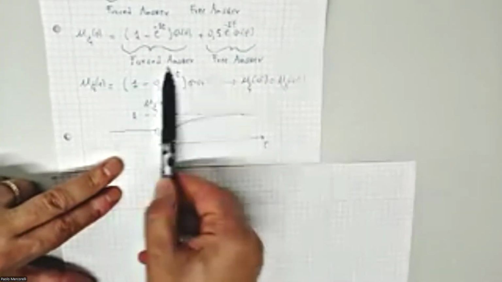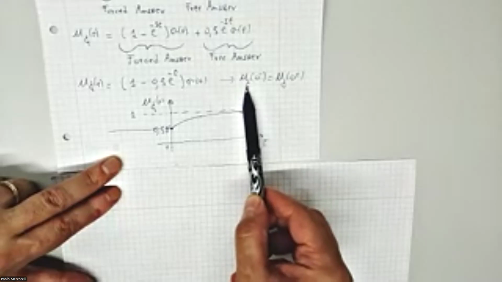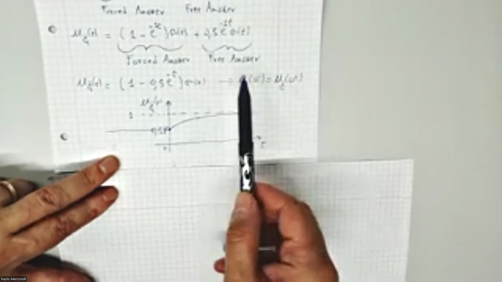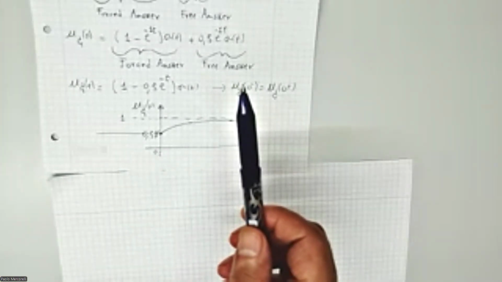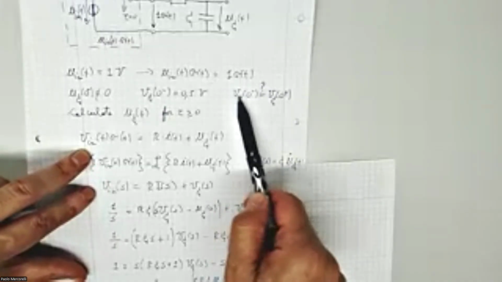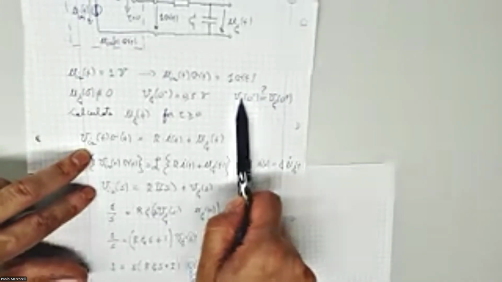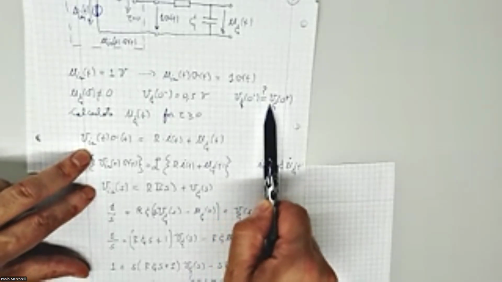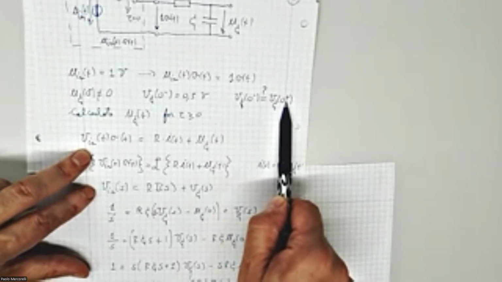And from this equation here, we can see now that we can answer the question. Which question? The question here, as I told you before, is: UC 0 minus equals UC 0 plus?